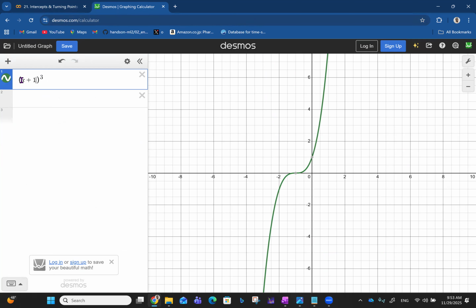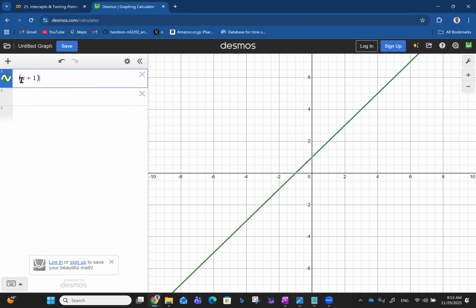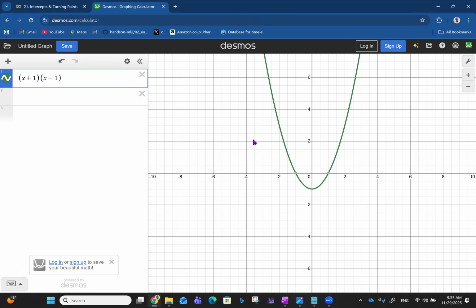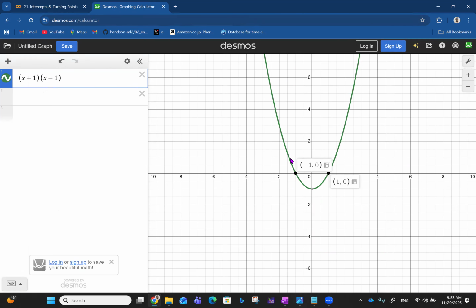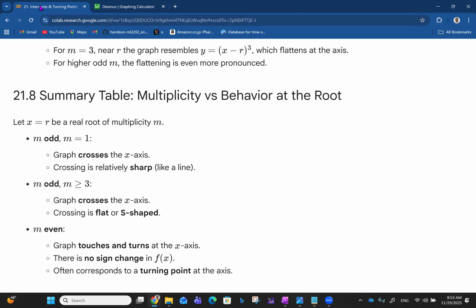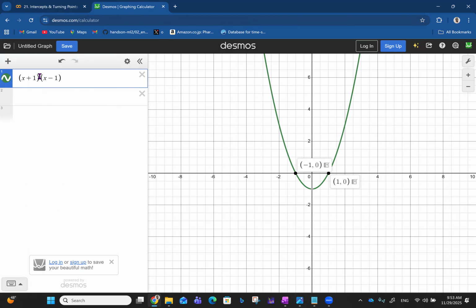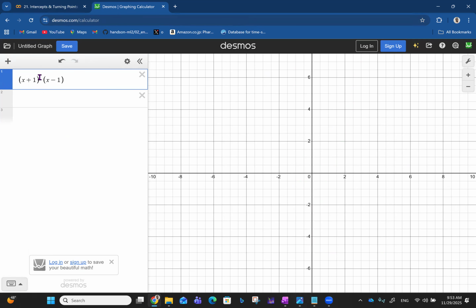Imagine we just have a simple case of (x plus 1) times (x minus 1). So we have this just crossing single multiplicities, just simple like that. The crossing is relatively sharp like a line. It just touches and moves on like that. Then for m greater than or equal to 3, say in this case you now have power 3.